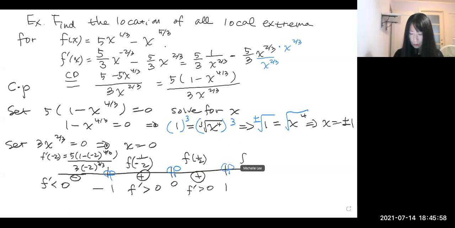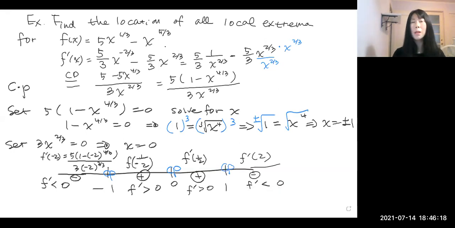So if you pick 2, it's the same thing as the left side, so we get negative. So f prime is less than 0.